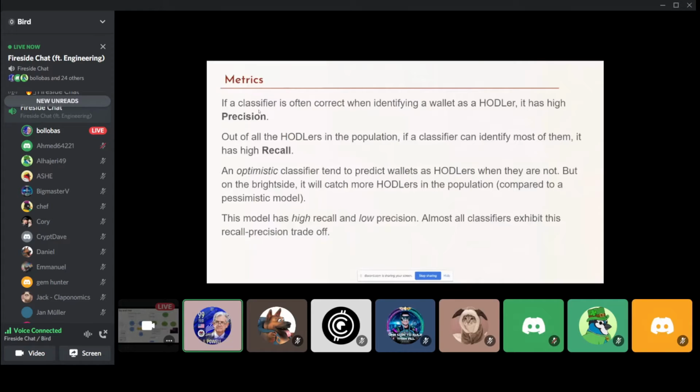Inversely, if you have a pessimistic predictor, it will say, we rarely find hodlers. You're not a hodler. We don't care about you. In that case, the pessimistic model has high precision but low recall. So there's quite a bit of trade-off depending on how conservative your model is when it classifies things.